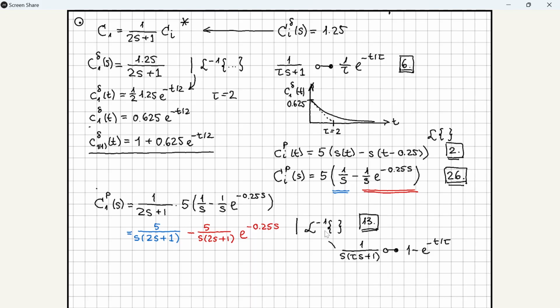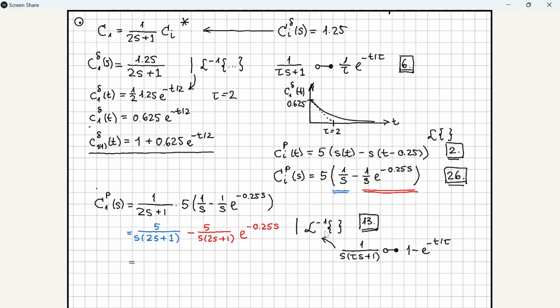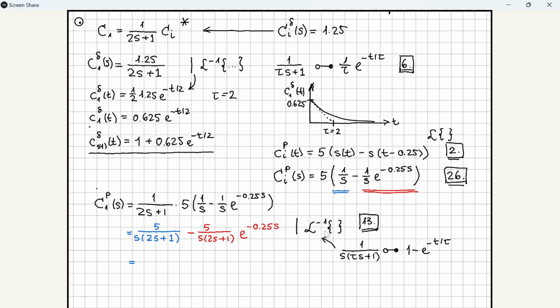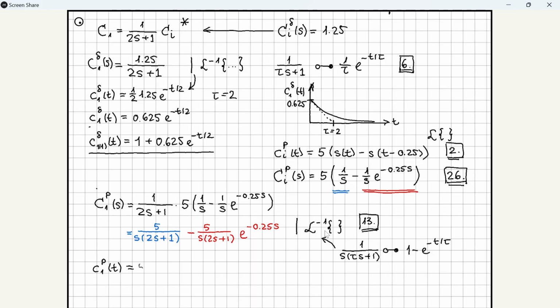I'm using this for the inverse Laplace transform of the first term. So this becomes, in black, C1 P of t is equal to the first term, which is 5 times 1 minus e to the minus t half.